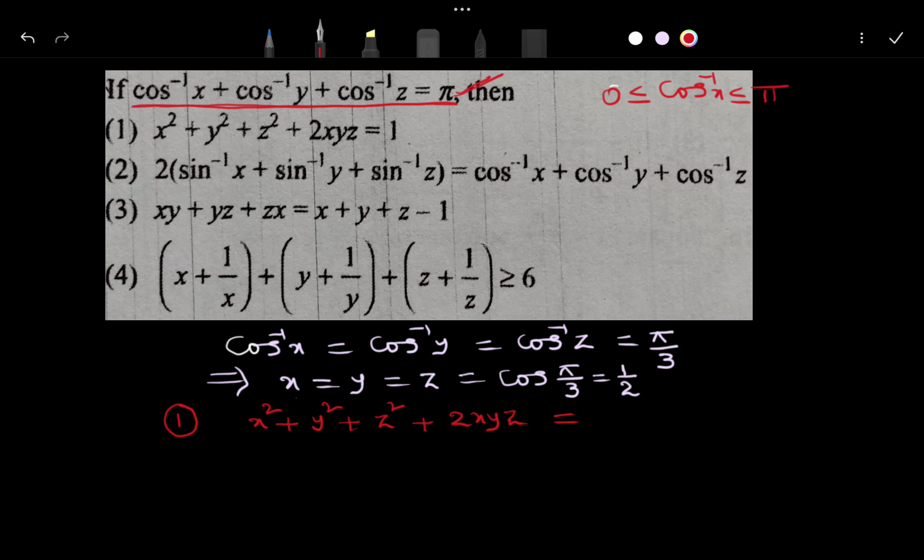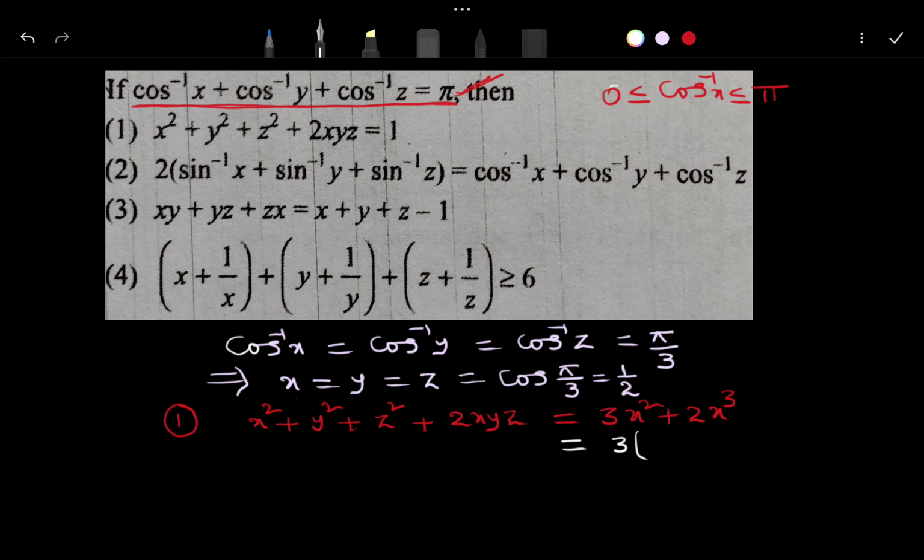See, all x, y, z values are equal. So first, for easy calculation, you replace y also with x and z also with x. Then it becomes 3 into x square plus 2 into x cube. So what is the x value? The x value will be 1 by 2.